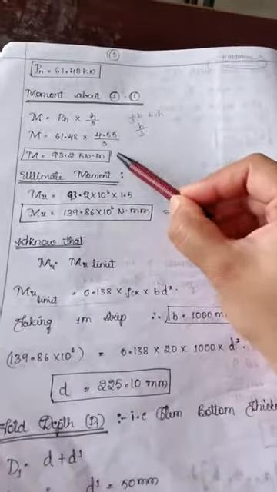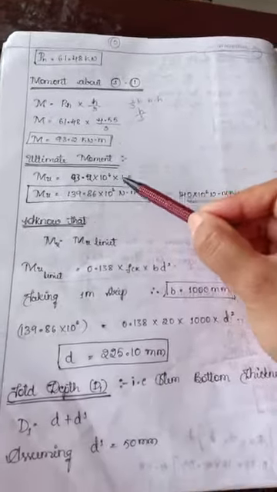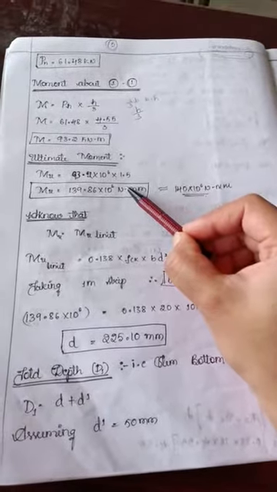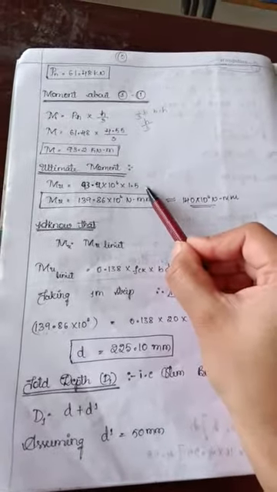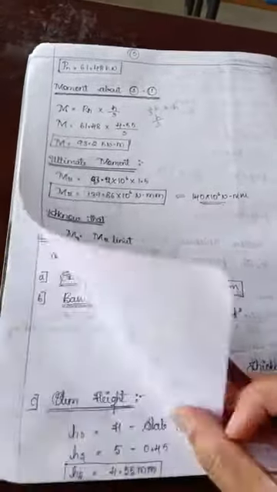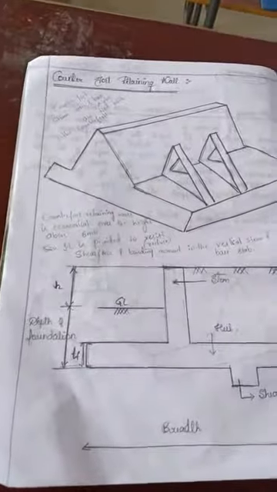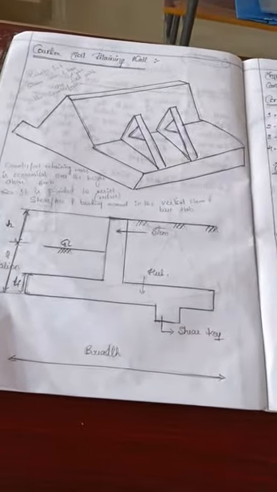After getting M is equal to 93.2 kilonewton meter, now we are going to find the ultimate moment. To find the ultimate moment, we multiply by 1.5, which is the factor of safety.